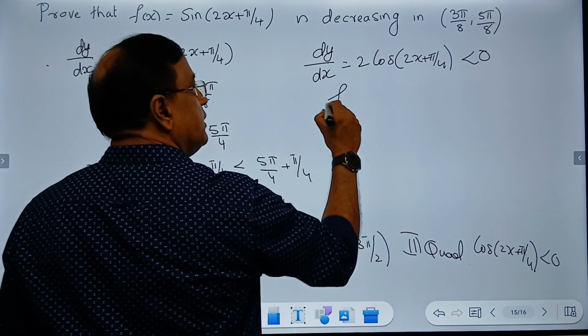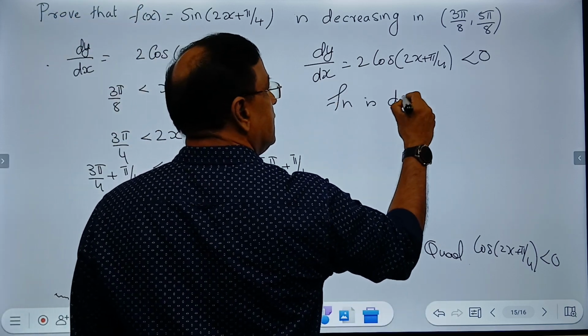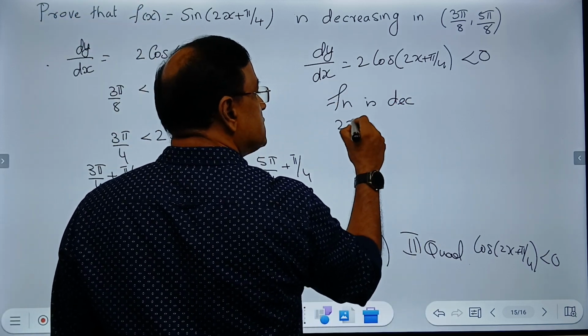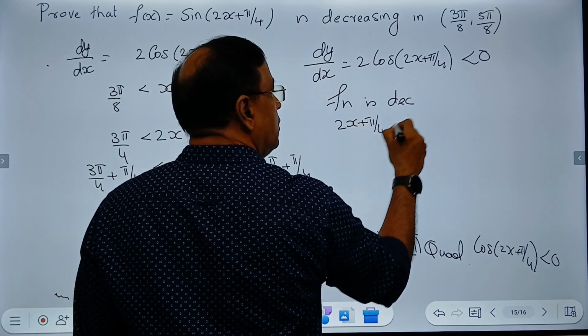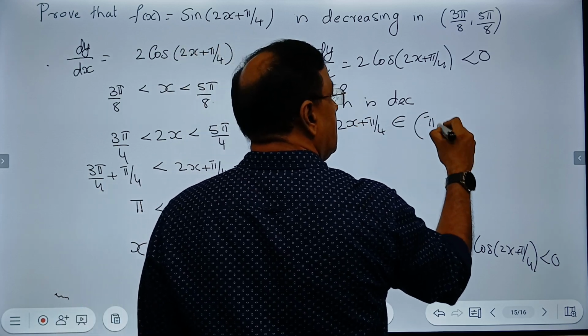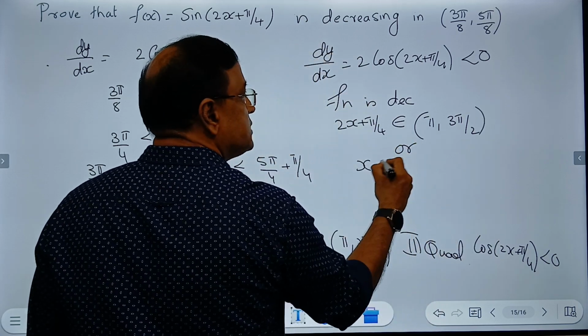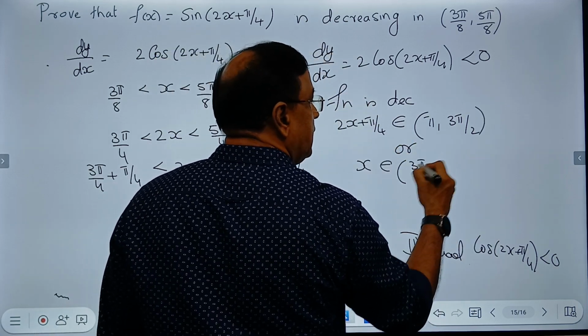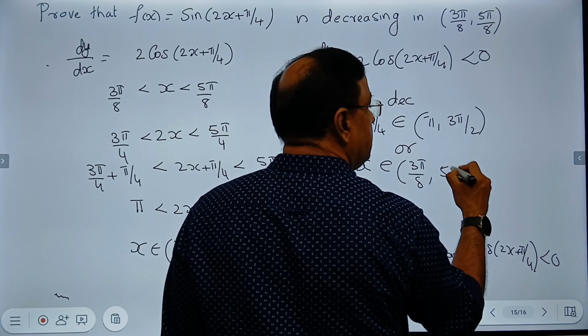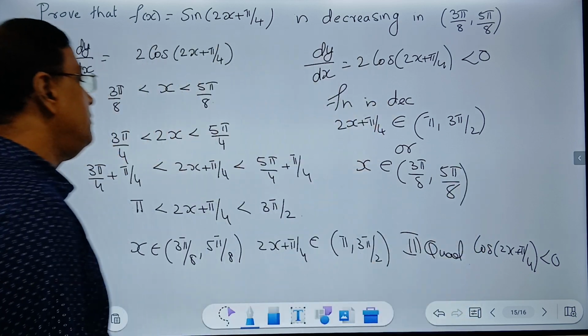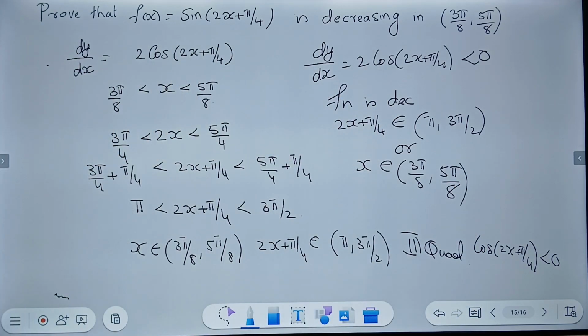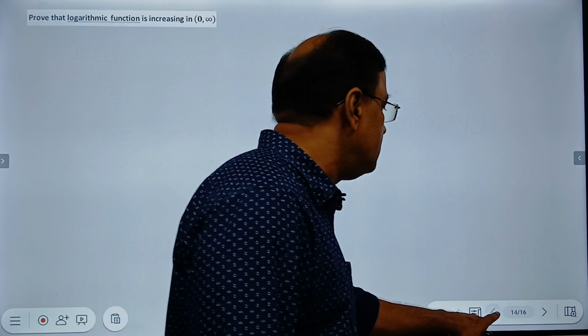Therefore, you can say the function is decreasing. Where is it decreasing? When 2x plus pi by 4 belongs to pi comma 3 pi by 2, or you can say when x belongs to 3 pi by 8 comma 5 pi by 8. Very, very simple and straightforward problem. It's not difficult, but you have to think and do it.